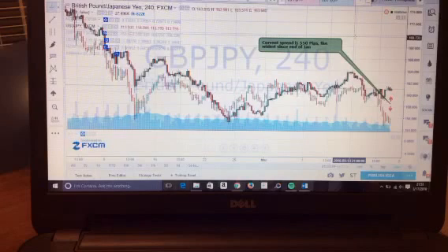So hopefully this one works out for us as well. Could take a few hours, could take a few days, could take a few weeks. We've been in an Aussie dollar to New Zealand dollar for a few weeks now, which we're down a little bit on. But we expect it to turn around. You could hold these things for quite some time. The only thing by holding them, you take on a little bit of interest charges, of course.